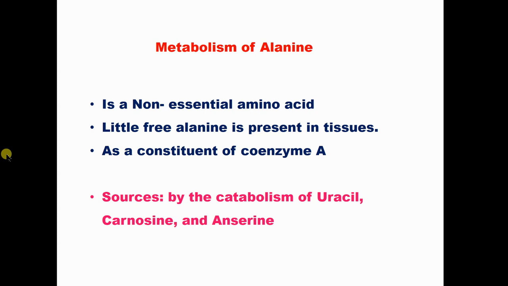And the second amino acid is the metabolism of alanine. This alanine is a non-essential amino acid in our body. Only a trace amount of free alanine is present and it is an important constituent of coenzymes. Generally alanine in our body is present in the form of dipeptides like carnosine, and it is synthesized by catabolism of uracil, carnosine and serine.